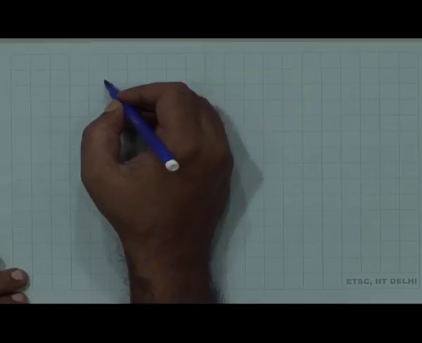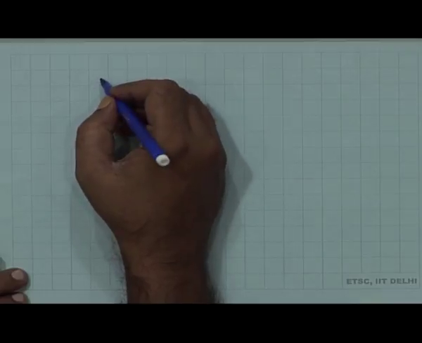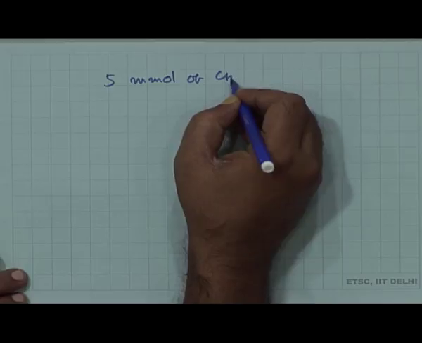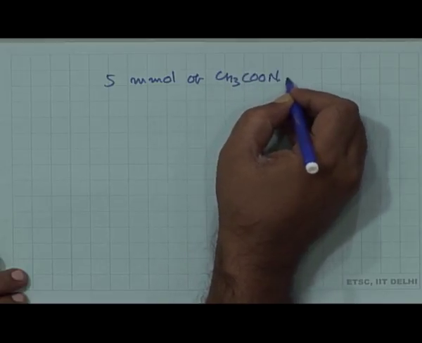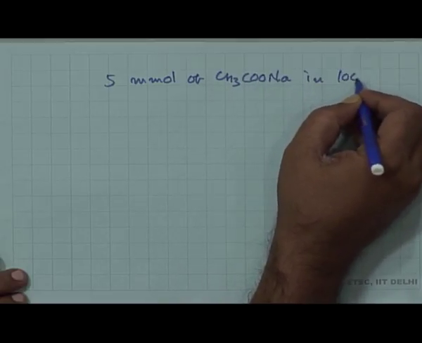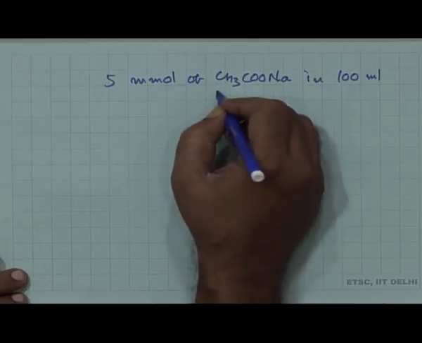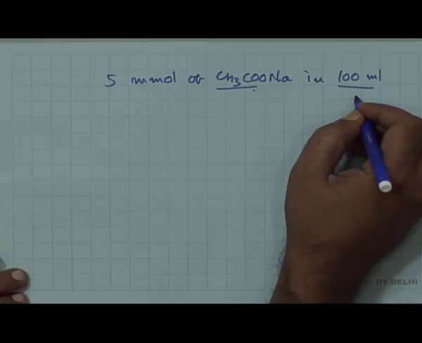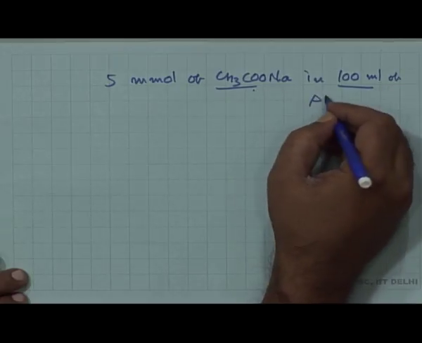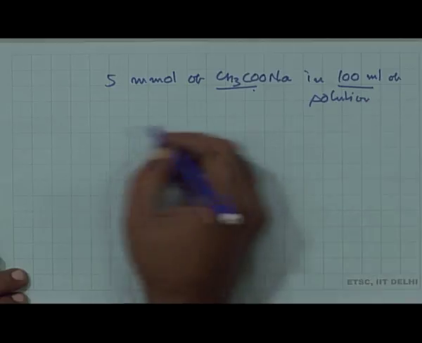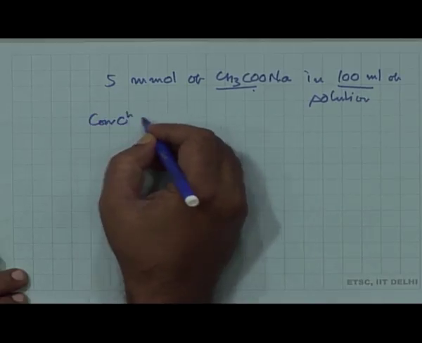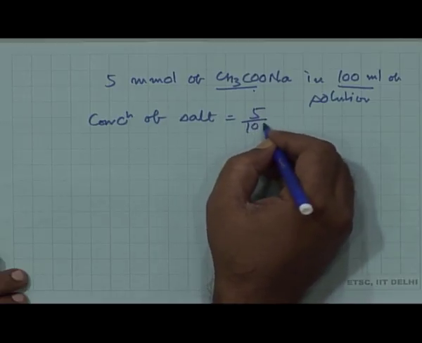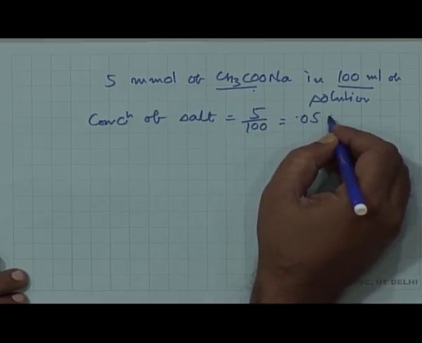So we have 5 millimole of sodium acetate in 100 ml of solution. So the concentration of salt is 5 divided by 100, which is 0.05 molar.